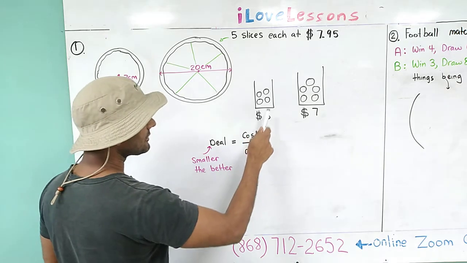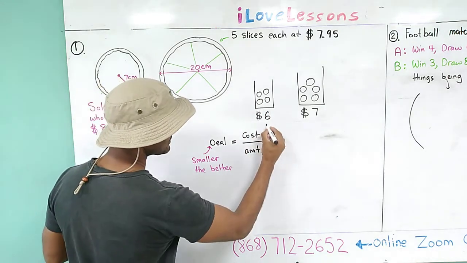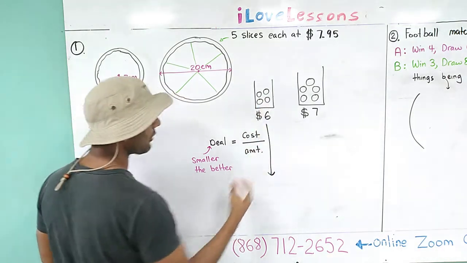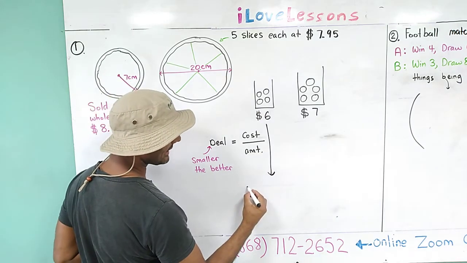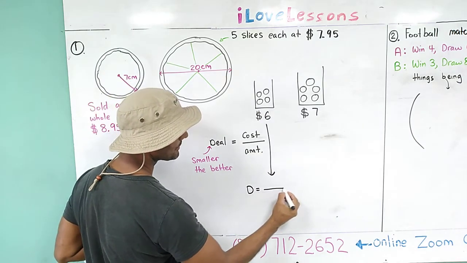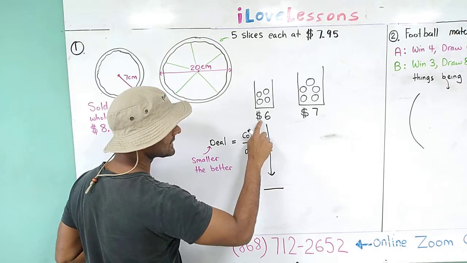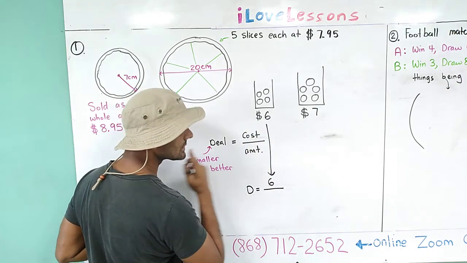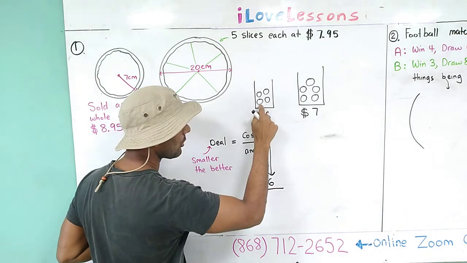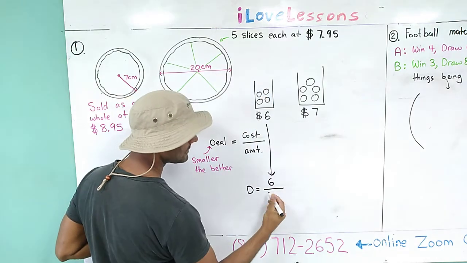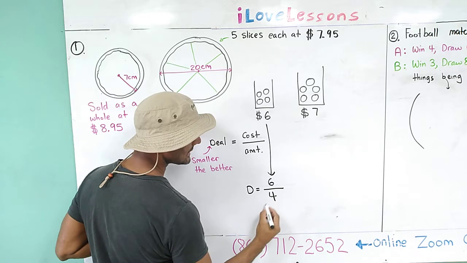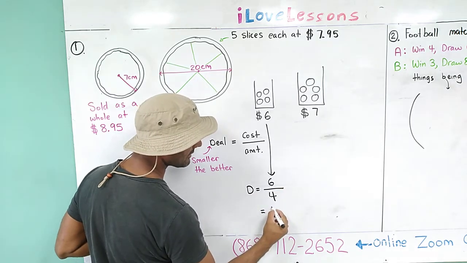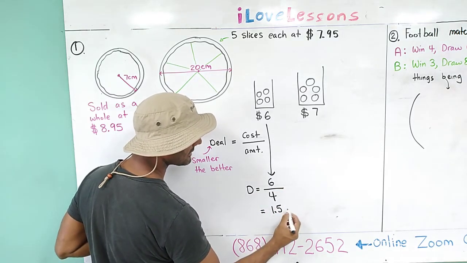Let's work it out for the container with 4. To work out the deal here, I'll just put D for deal. What's the cost of this one? $6. And what's the amount of jelly beans we have? 1, 2, 3, 4. So if we divide the 6 by the 4, we will get 1.5.